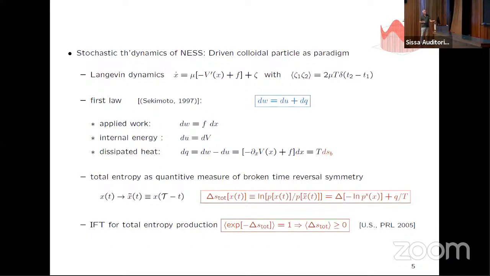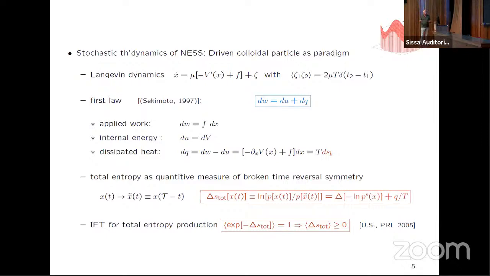Okay, so there is a second paradigm for the dynamics, which is Langevin dynamics. I guess most of you know by now that this Langevin dynamics in the overdamped case can easily be endowed with a thermodynamic interpretation. Concepts like work, internal energy, and dissipated heat can be applied to such dynamics.